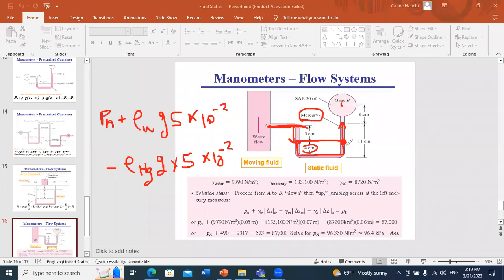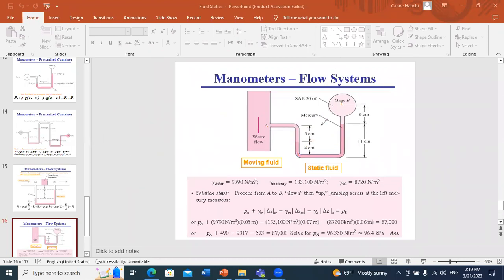Now, after this point, what will happen? Guys, sorry, the figure is a bit unclear. The distance in mercury is not 5 centimeters, because they gave us the distance here to the top as 11 centimeters.